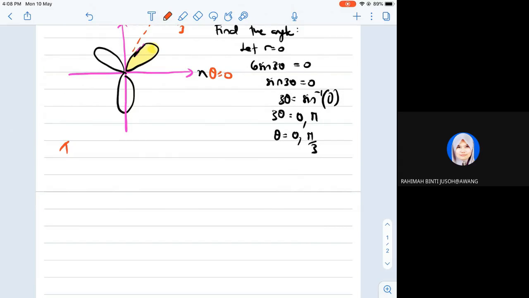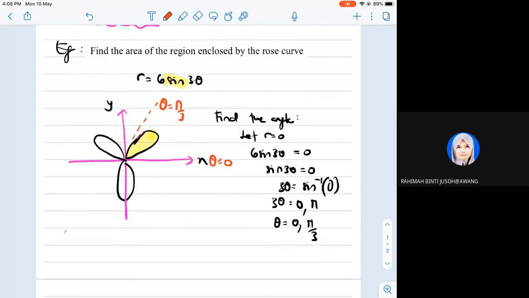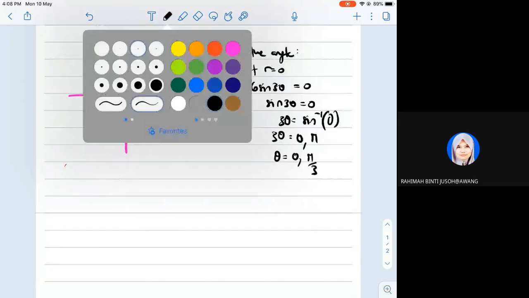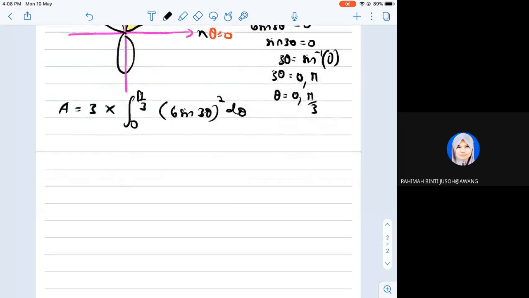So the area, alright, this question doesn't mention how many petals, so we assume that we need to calculate for all petals. Since we have to calculate for all petals, we have to multiply by 3. So integration from 0 until pi over 3. Okay, and then we have r squared, so 6 sine 3 theta squared d theta. Oh sorry, 1/2.